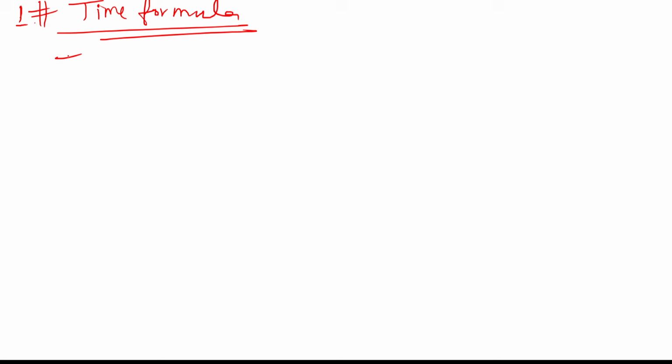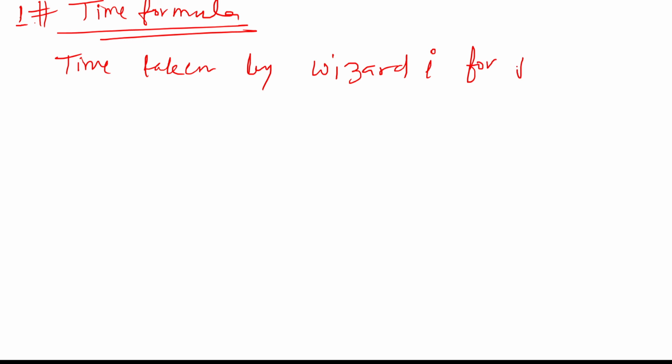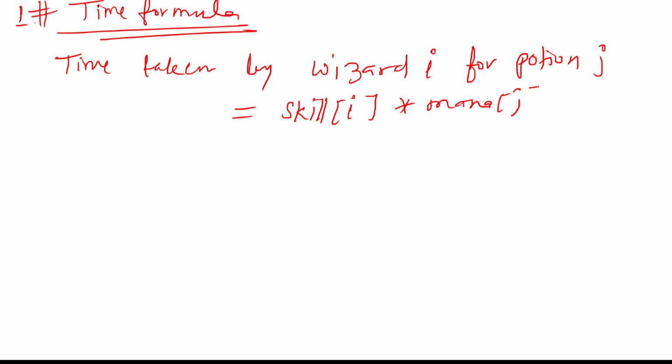So I'll say time taken by wizard, and the wizard is, let's suppose, i, for portion j will be skill at i into mana at j.